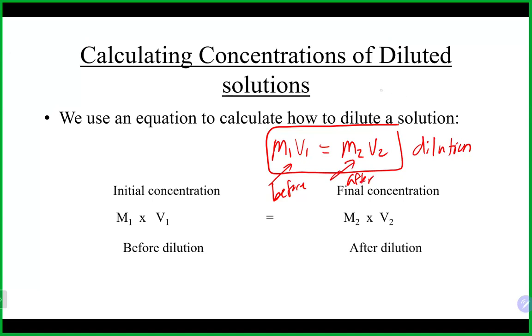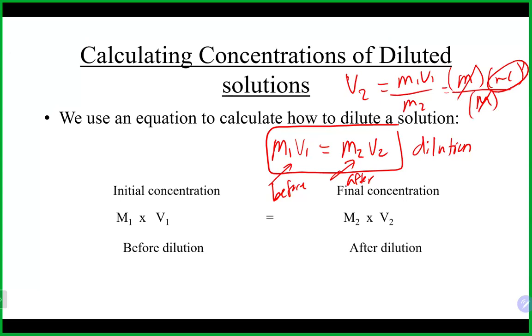So if you solve for M2, it would be M1V1 over V2, molarity on top, milliliters on top, milliliters on the bottom, cancels out, left with molarity. But this equation, if you want to leave it in milliliters, it will work out okay.